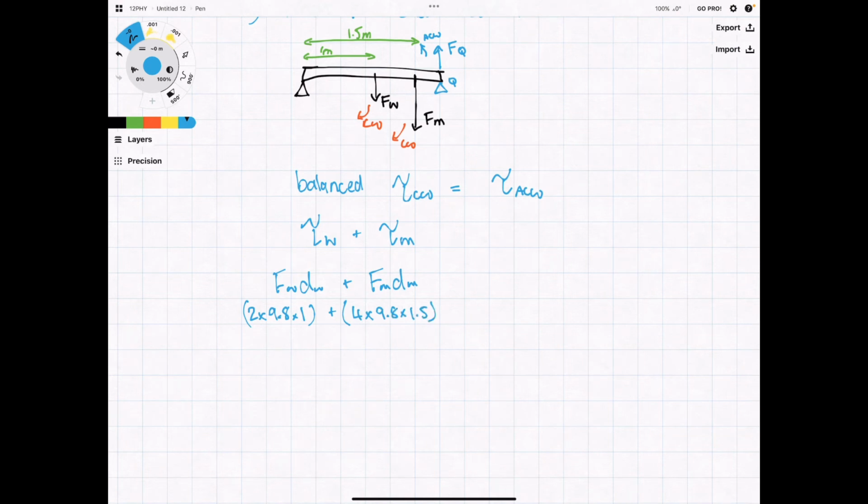Okay, and if we multiply that out, 2 times 9.8, 19.6, plus 4 times 9.8 times 1.5, 58.8, which is what we got above, which is good, plus 19.6, and we add those together, we should get 78.4 newton meters, which is approximately 80, which is what I think they have in the answers.